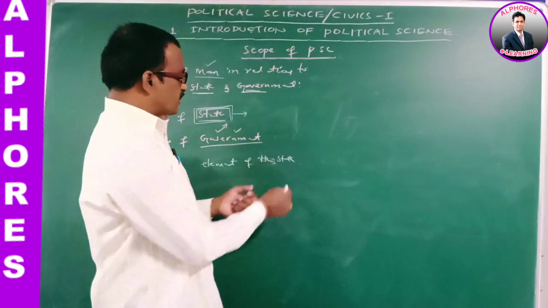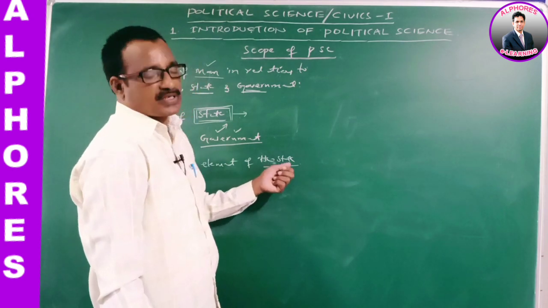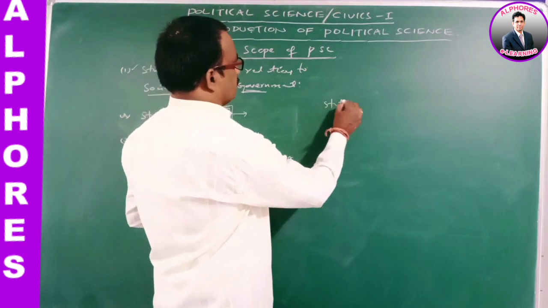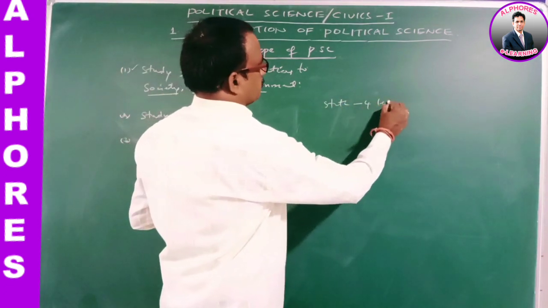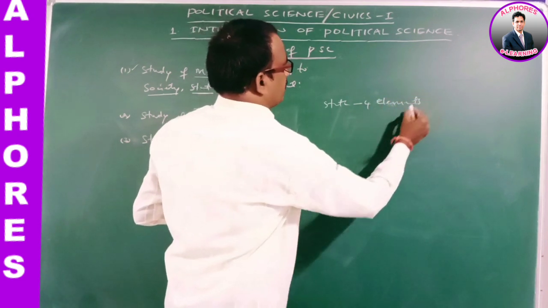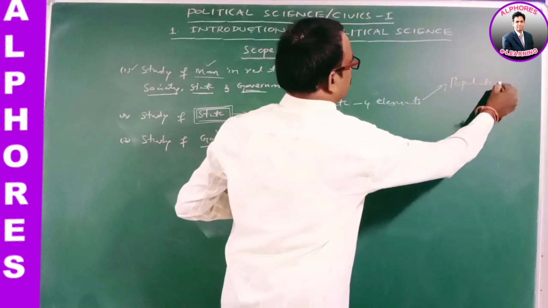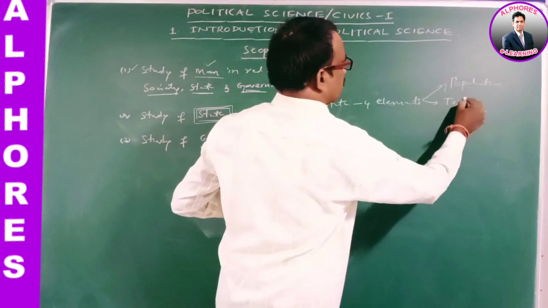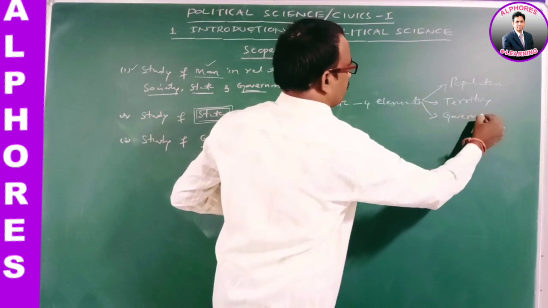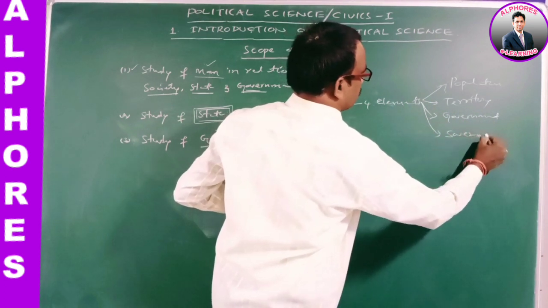Dear students, once again you remember, in political science state means country. So every state has four elements. They are: one is population, 2 territory, 3 government, 4 sovereignty.